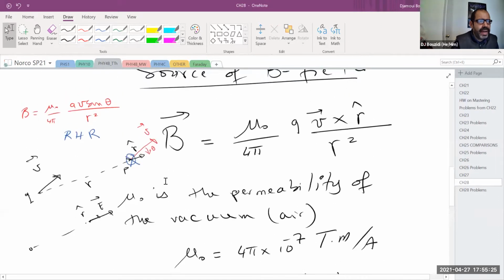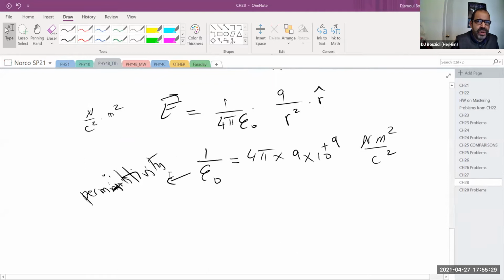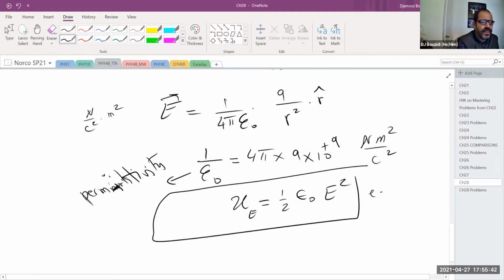Both of them impact the expressions differently. Everywhere we dealt with epsilon naught, we had it in the denominator. The only exception was when we were dealing with the energy density for the electric field, we found it to go upstairs. That was the exception, by the way. Everywhere else we had epsilon naught, it was in the denominator.